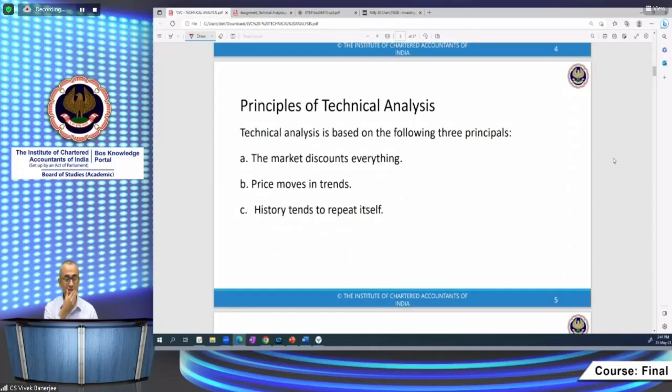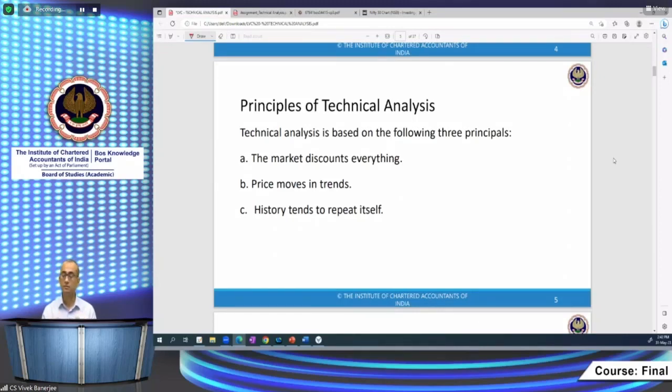The first point is that the market discounts everything. What does it mean? It means that the market reflects every piece of information, whether it is public information or private information. The market absorbs every information.